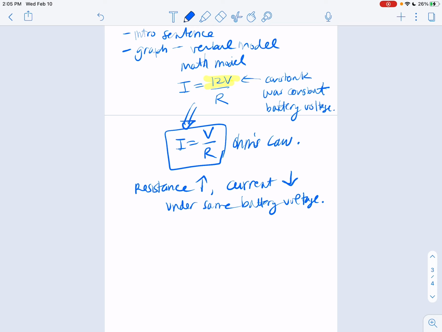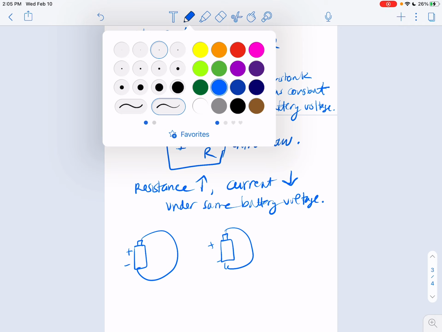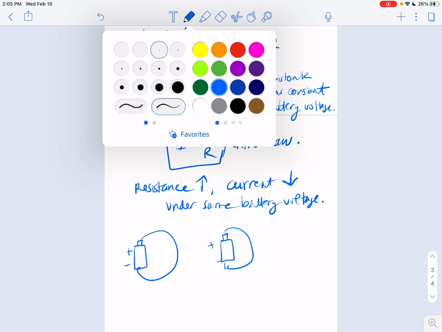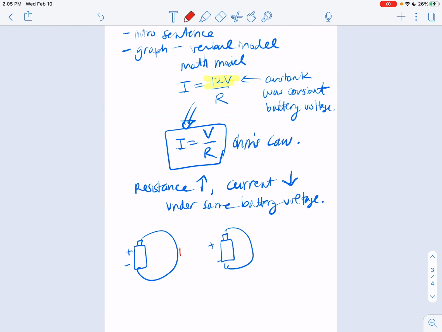So what that means is I have my battery, and say I have another battery and another circuit. If the resistance is high here, that means this is a hard circuit to travel in.